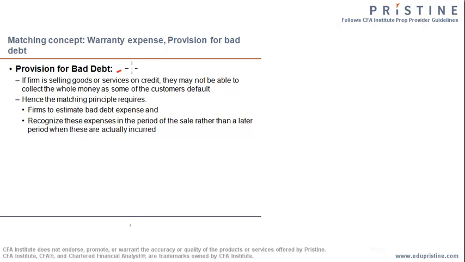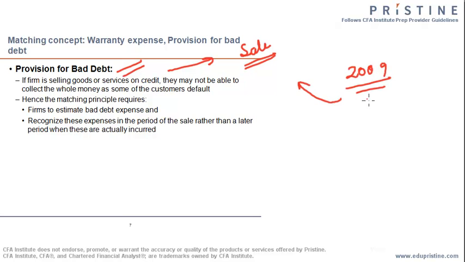Similar to warranty expenses is provision for bad debt, and it should also be recognized in the period of selling a particular product. For example, if a product is sold in 2009, the estimated bad debt provision should be accounted for in 2009 only and not when the bad debt actually gets incurred. If a firm is selling goods or services on credit, there is a risk that they might not be able to collect the entire money, and some customers might default.